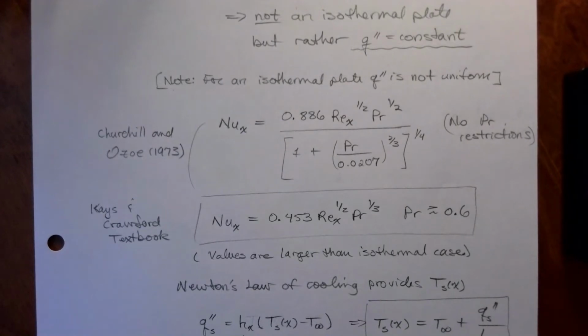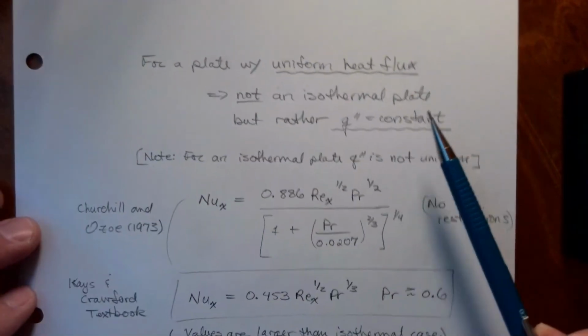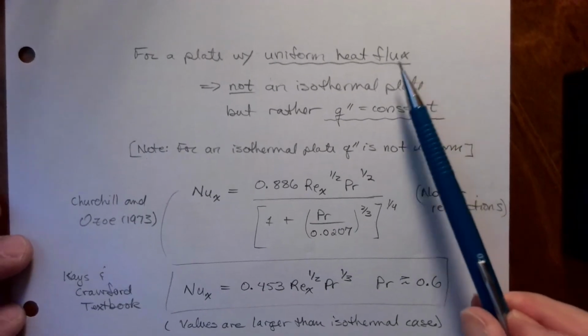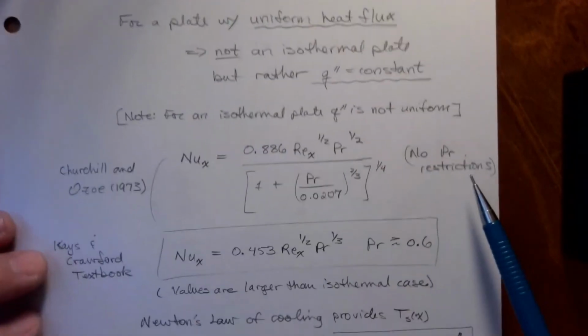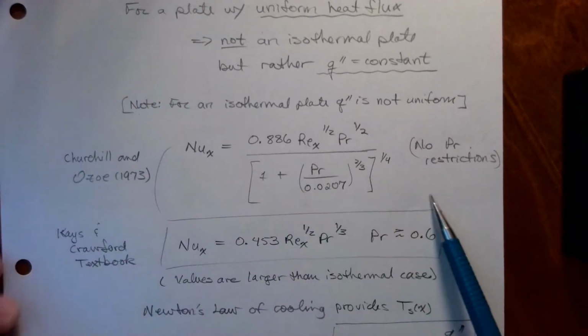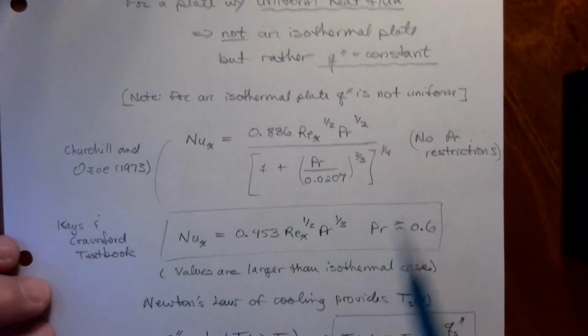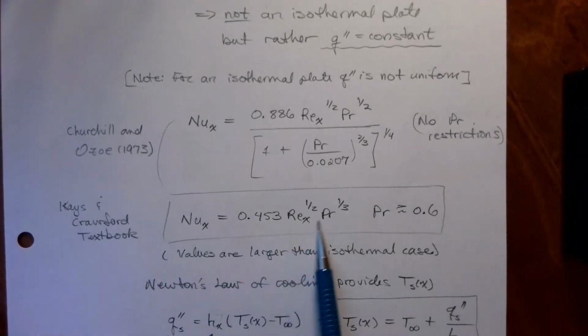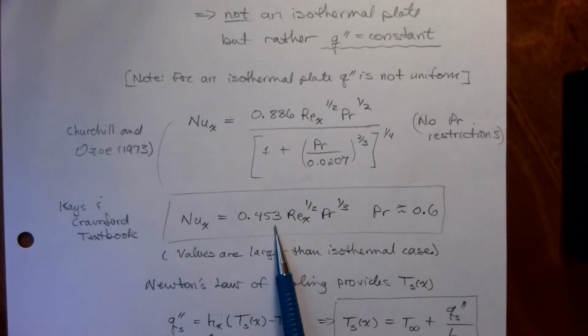So just be aware that there are other correlations associated with a uniform heat flux, completely different physical situations, so there are different correlations for that. The one that the textbook gives you, the real popular one that would be found in any convection textbook, Kays and Crawford is a convection textbook, looks very much like the other correlations, just different coefficients here.